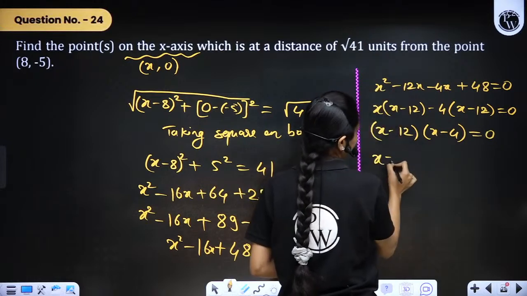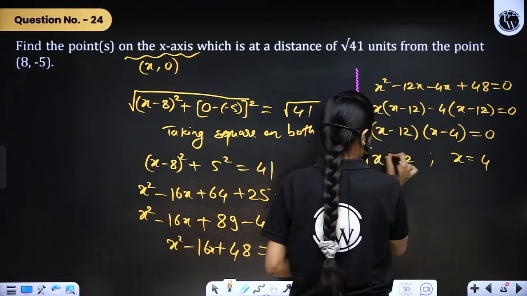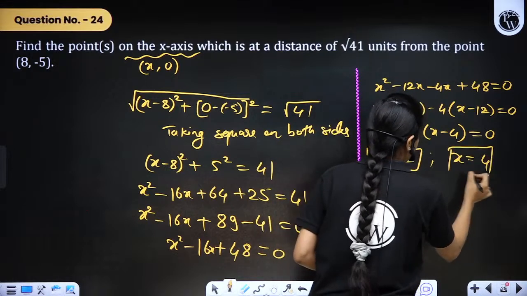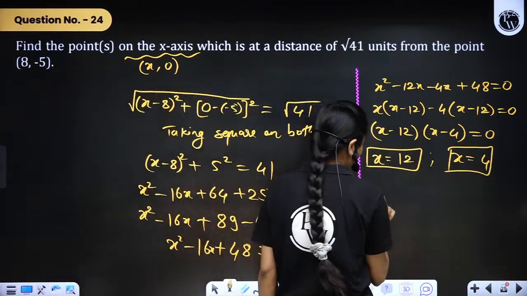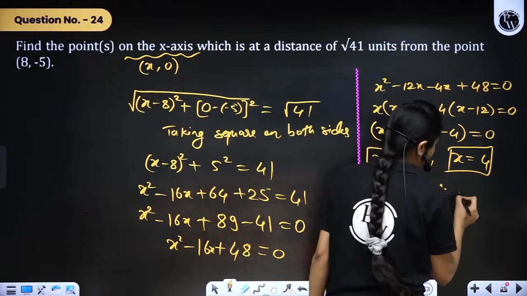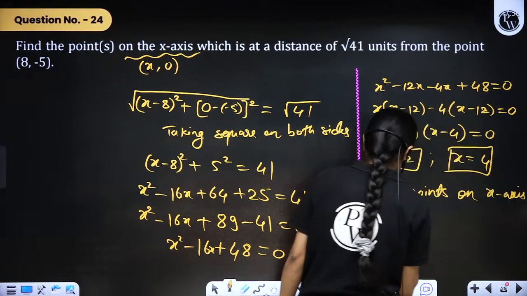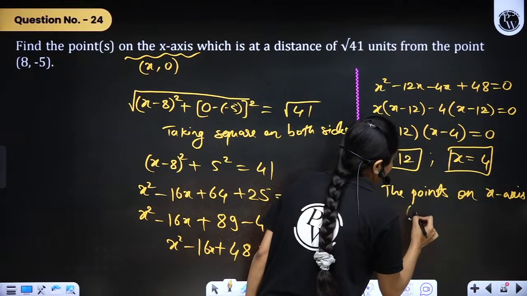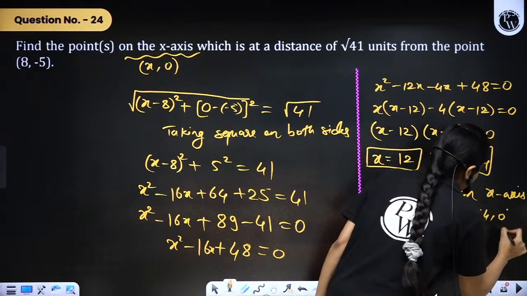So the value of x is 12 or x equals 4. Okay. Therefore, the points on the x-axis are 12 comma 0 and 4 comma 0.